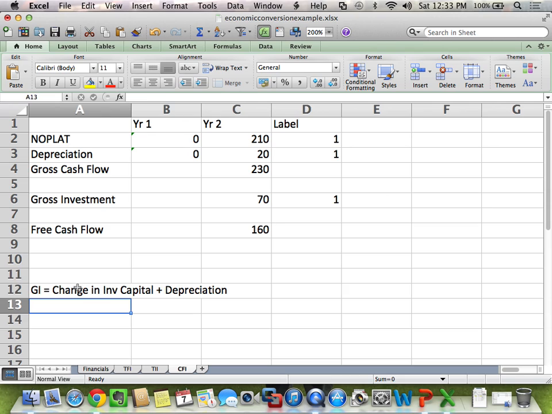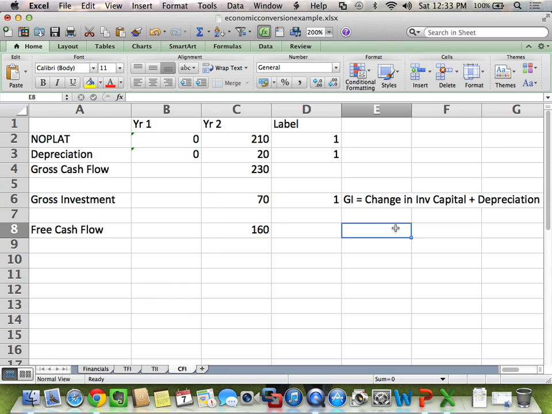That is the shortcut for gross investment. That's what we're doing right here. Now, you might say, why am I adding back depreciation? Let me show you the granularity of the gross investment.